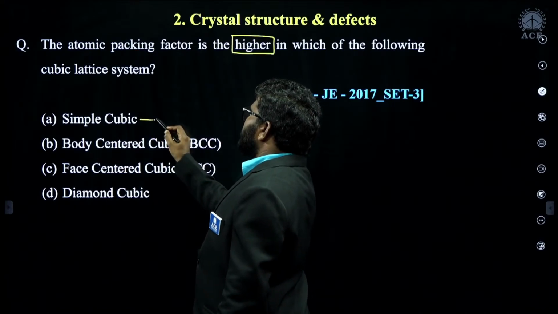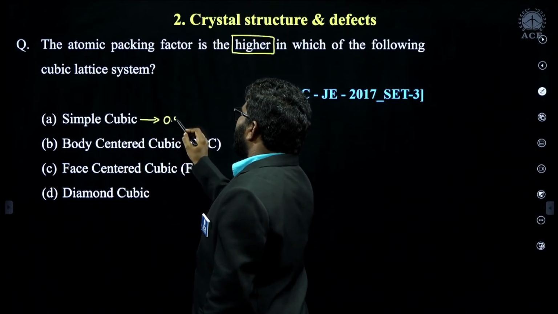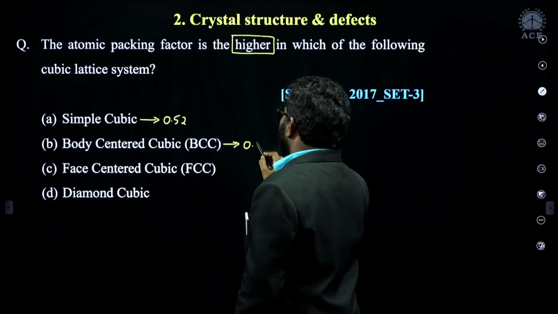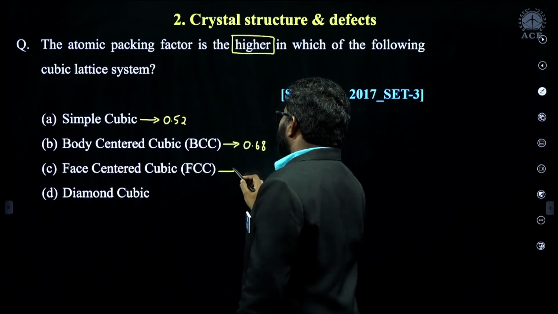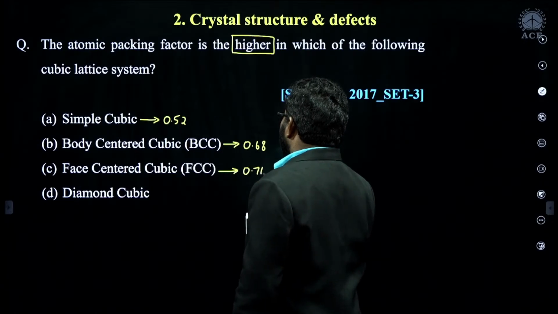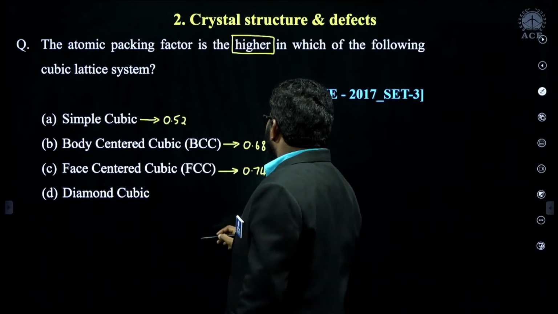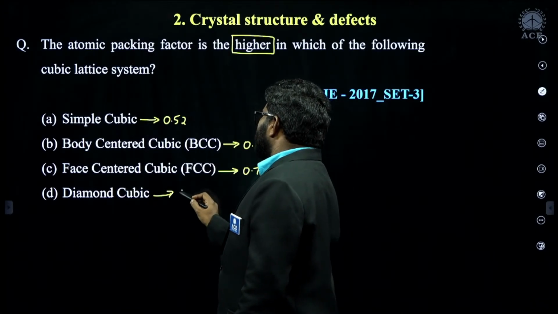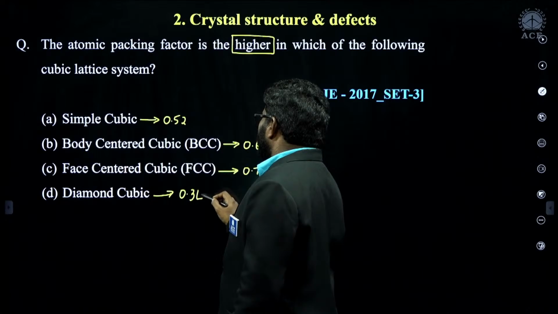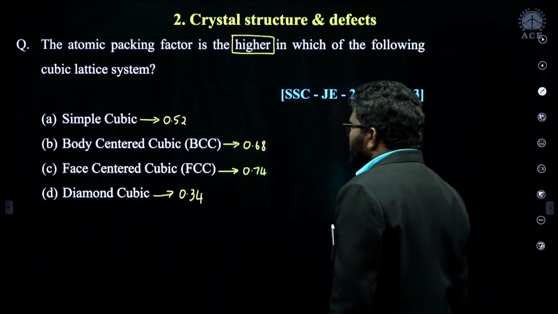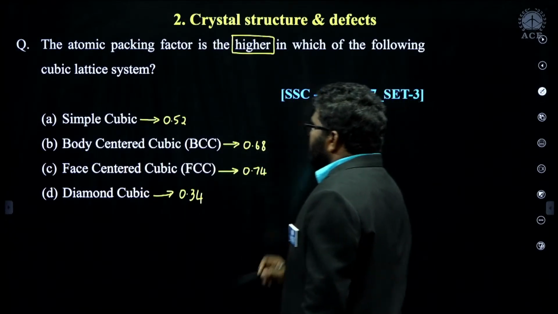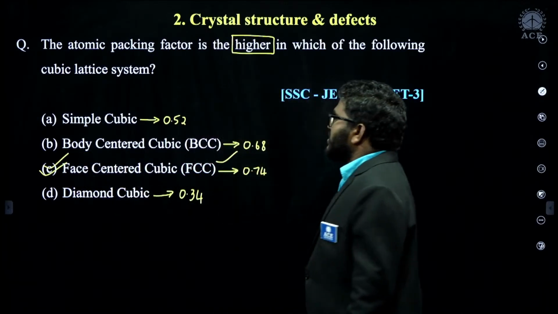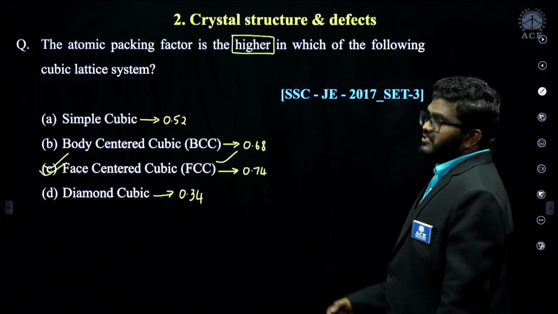Remember, for a simple cubic system 0.52, for a body-centered cubic system 0.68, for a face-centered cubic system 0.74, and a diamond cubic system 0.34. So now see here, FCC is the correct answer for this question. The highest packing fraction is present in the FCC structure. Simple question.